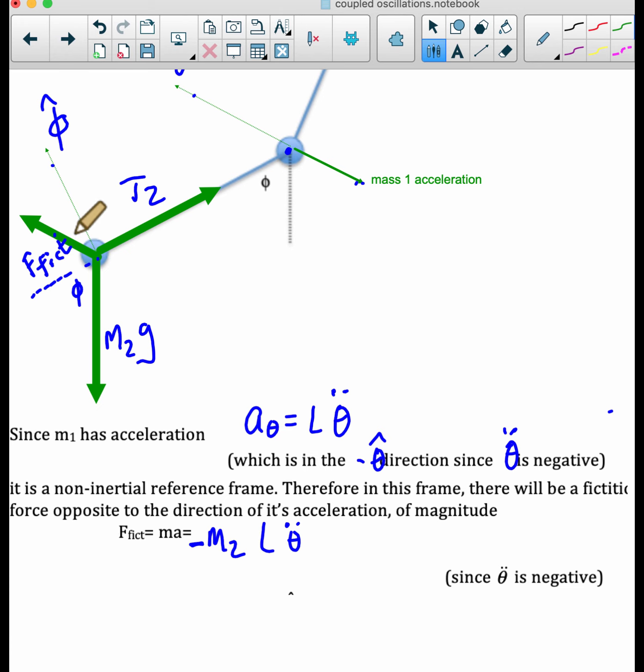And then this angle right here will be phi minus theta. Phi, subtract theta. And so there'll be a cosine phi minus theta for the phi hat component of the fictitious force.